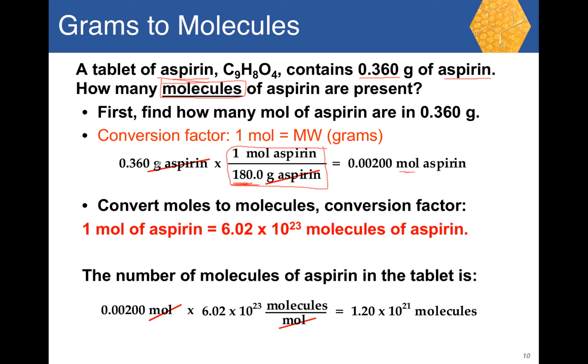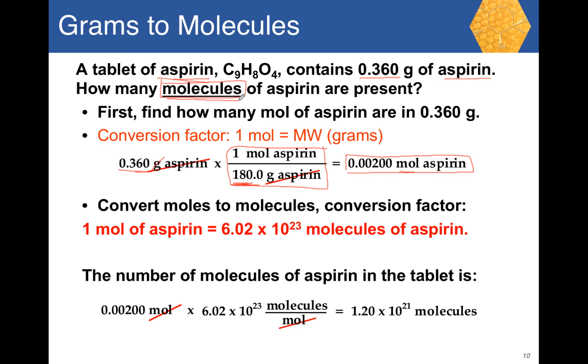We set that up so that the grams cancel grams, and we multiply by 0.360 divided by 180, and that's equal to this number of moles. So that's the number of moles that are present in 0.36 grams. But the question is not asking for how many moles are present. It's asking for how many molecules are present.